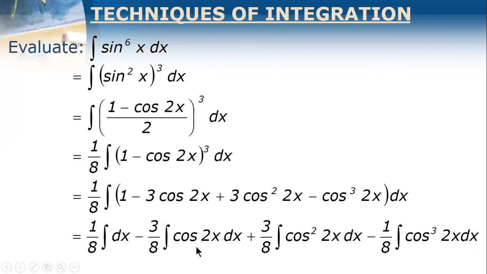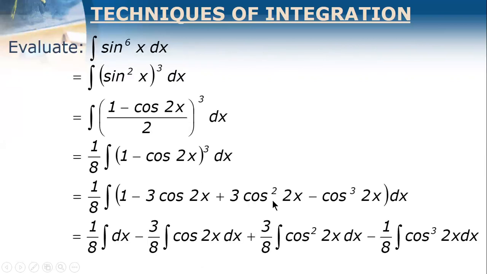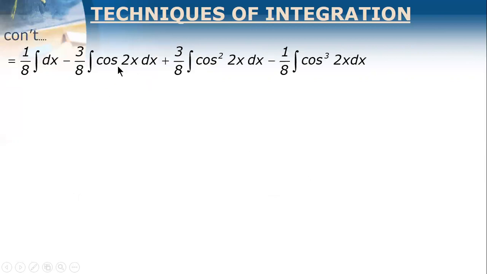Okay, and let u equal to 2x here. So let u equal to 2x, you have du equals 2 dx. For this one, use the identity for cosine squared. The exponent is even, so use the identity.